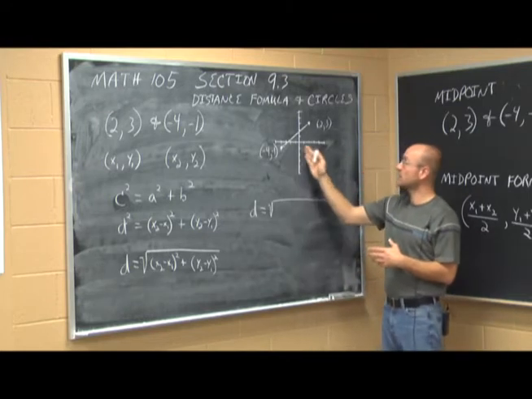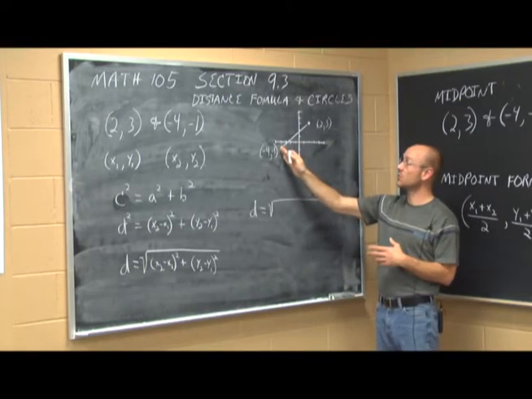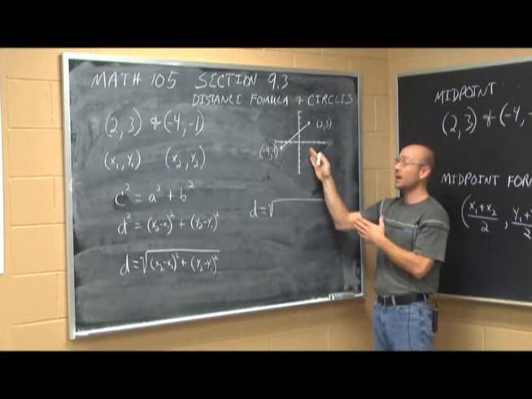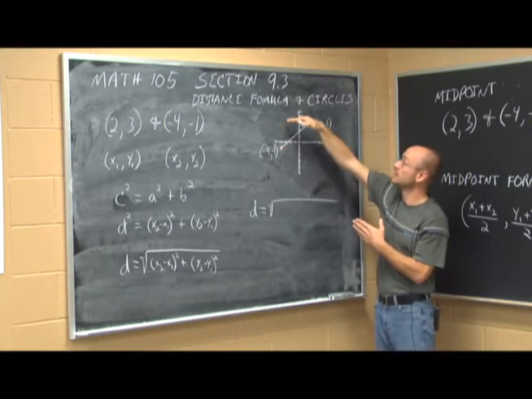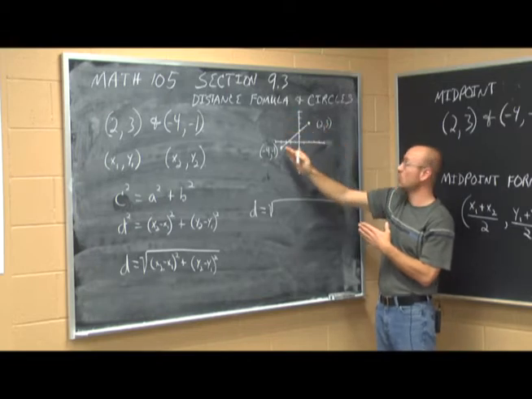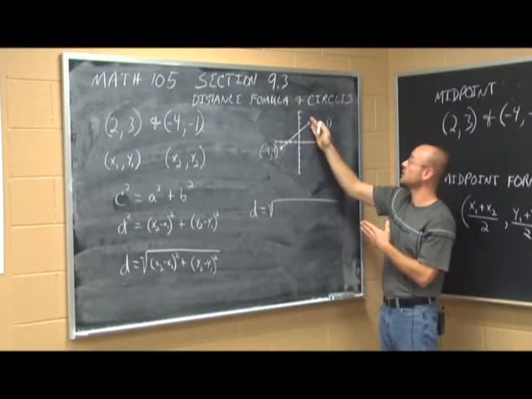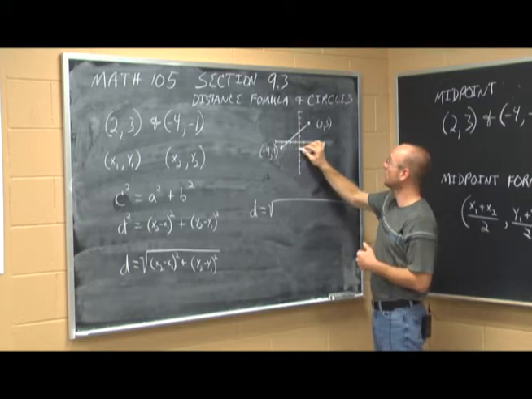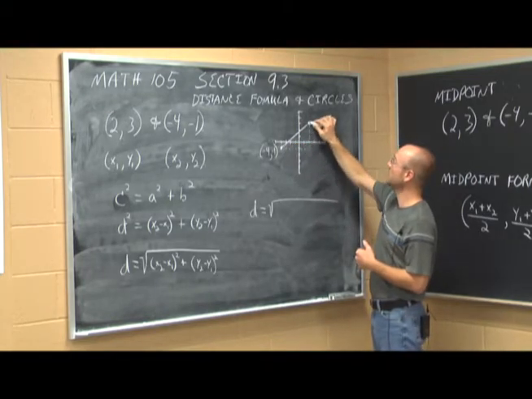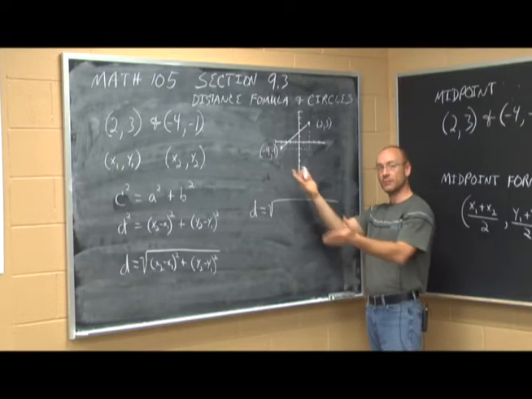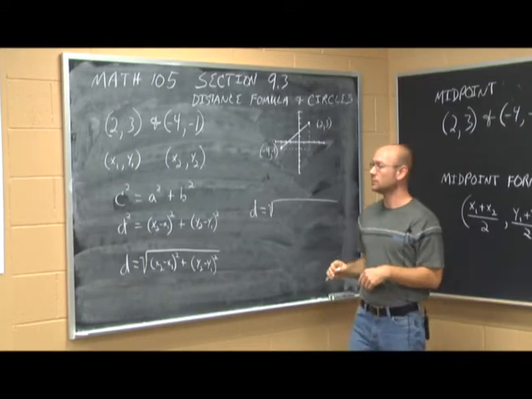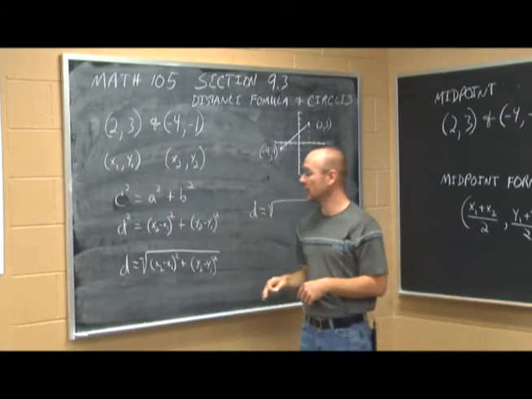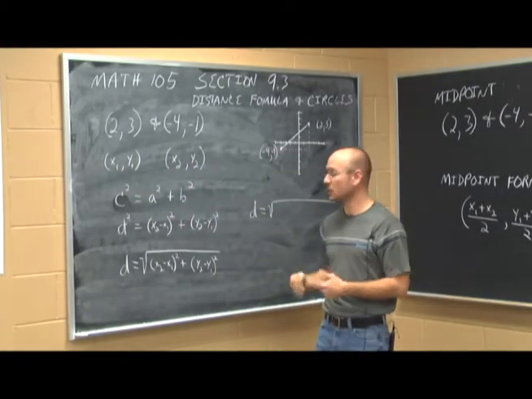To go from this point to the next point, I have some change in x, and some change in y. So it creates a right triangle, our values of x's and our values of y's. That's why the Pythagorean theorem will work to derive the distance equation.